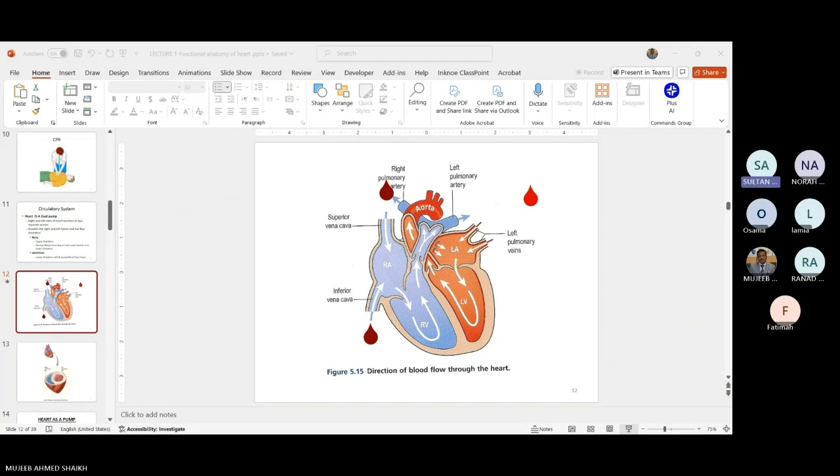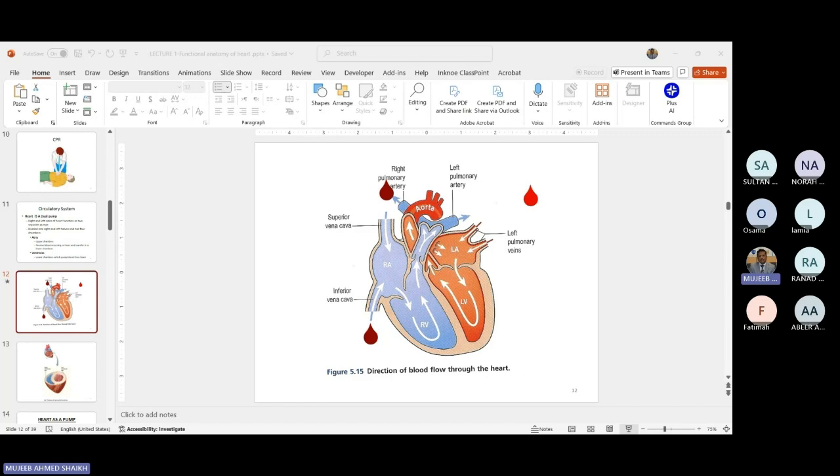Okay, definitely. So this is how it shows the deoxygenated blood. Two drops are shown: the right atrium collects blood from the upper part of the body through the superior vena cava, and from the lower part through the inferior vena cava. Both open into the right atrium.